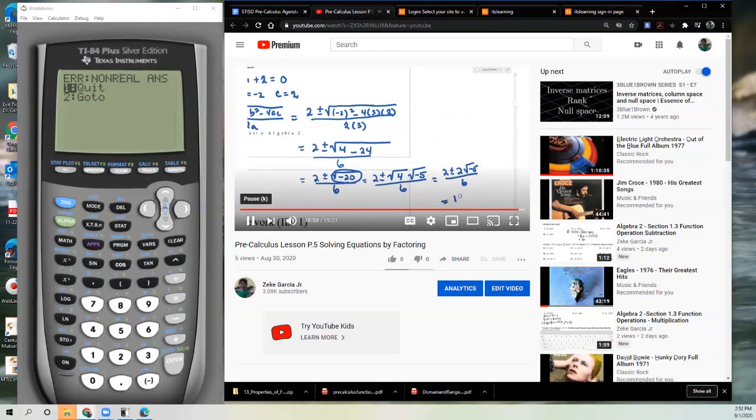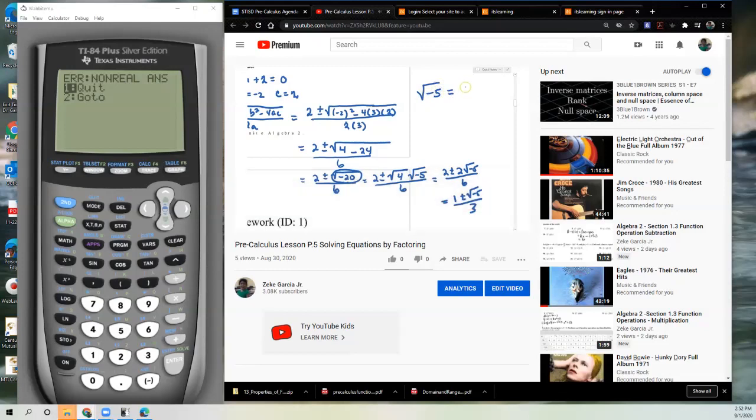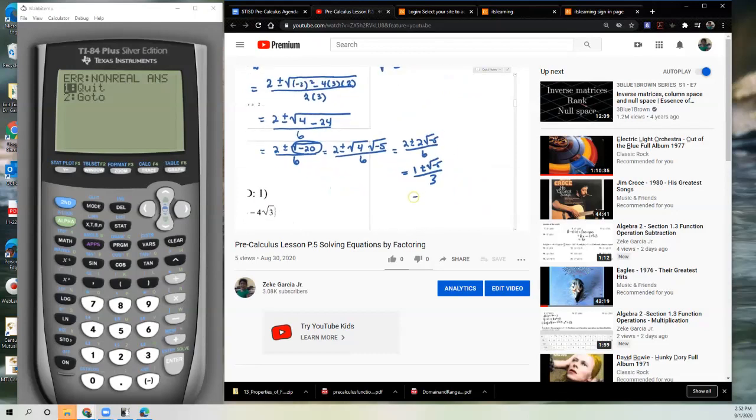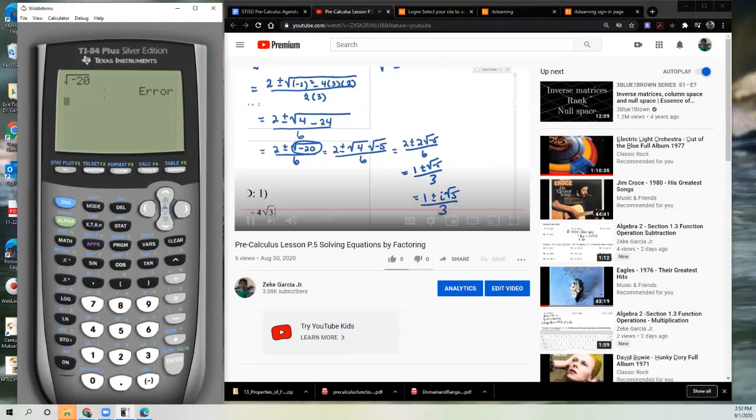So you have 1 plus or minus the square root of negative 5 over 3. The square root of negative 5 is an imaginary number, so this should be i square root of 5. So your answer will be 1 plus or minus i square root of 5 over 3.